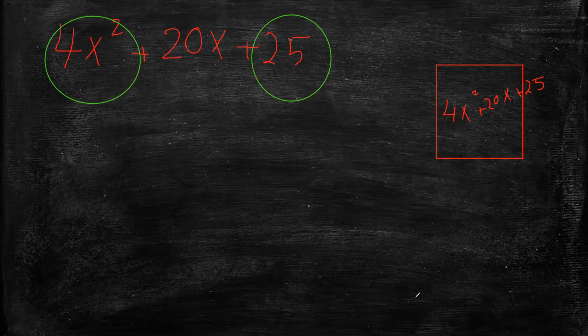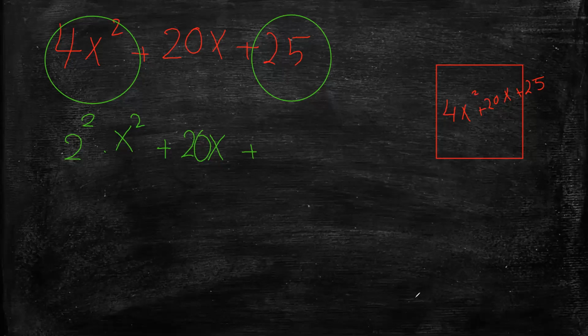Yes, it is 2 times 2. As you remember the table, 4 is a perfect square. So I can write them as 2 squared and x squared. Then plus 20x and 25.